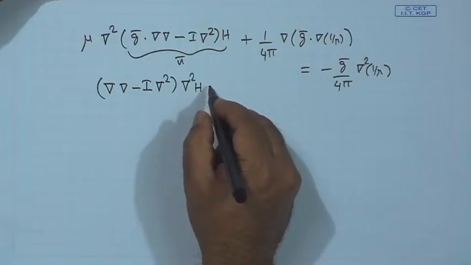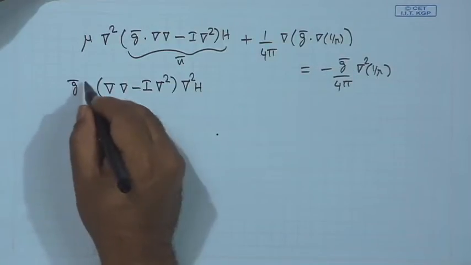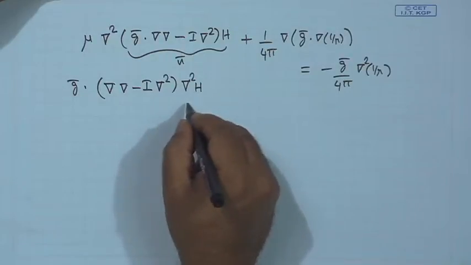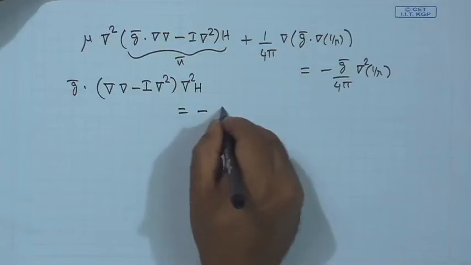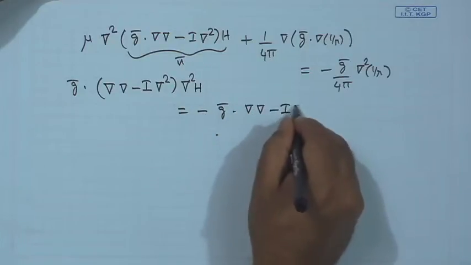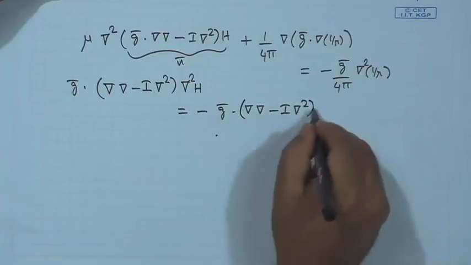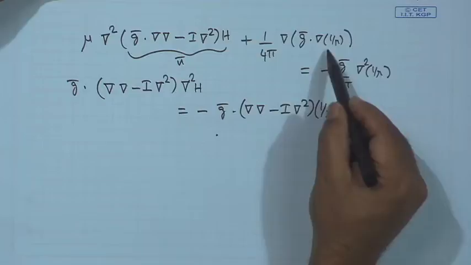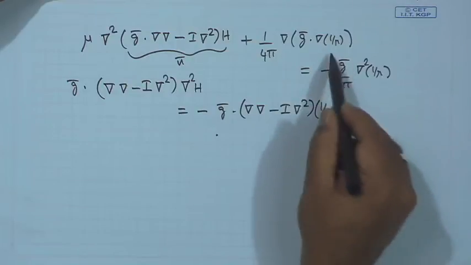So, what we get is g dot equal minus g dot on over r. Exactly, we get this by manipulating the vector identity.